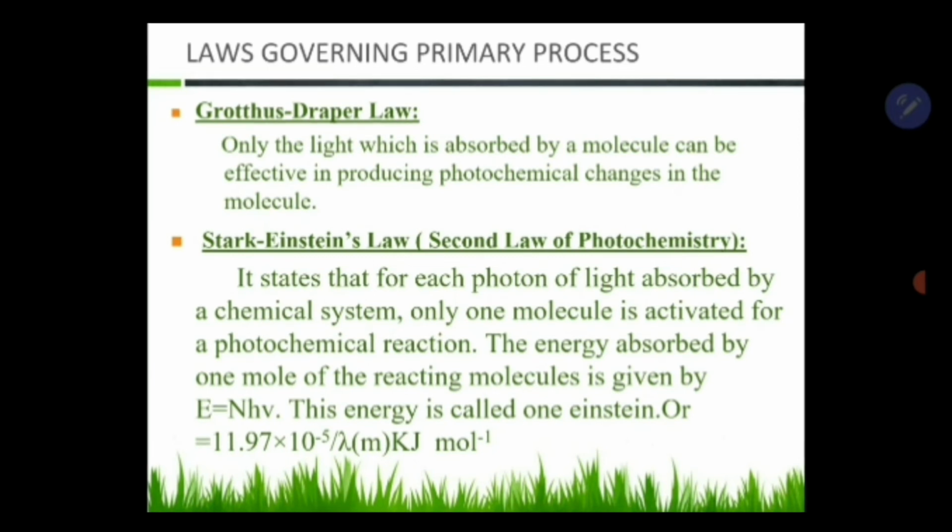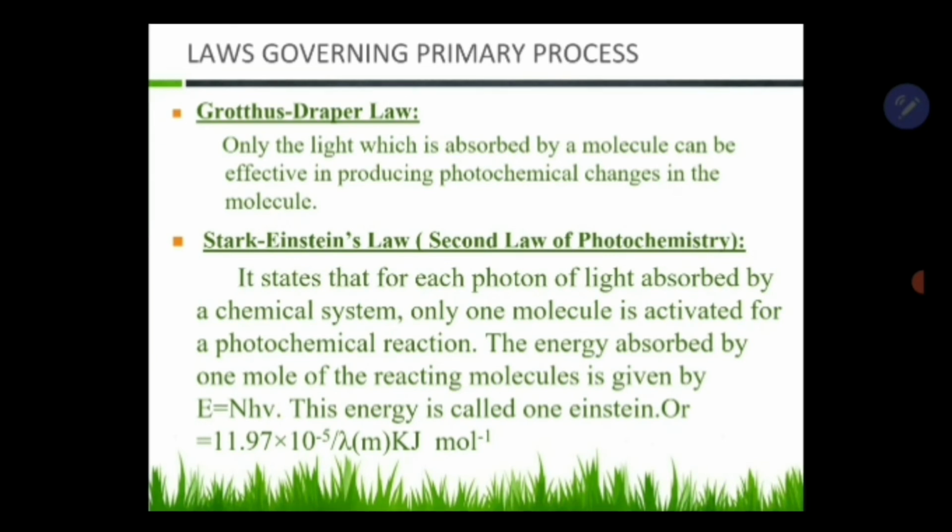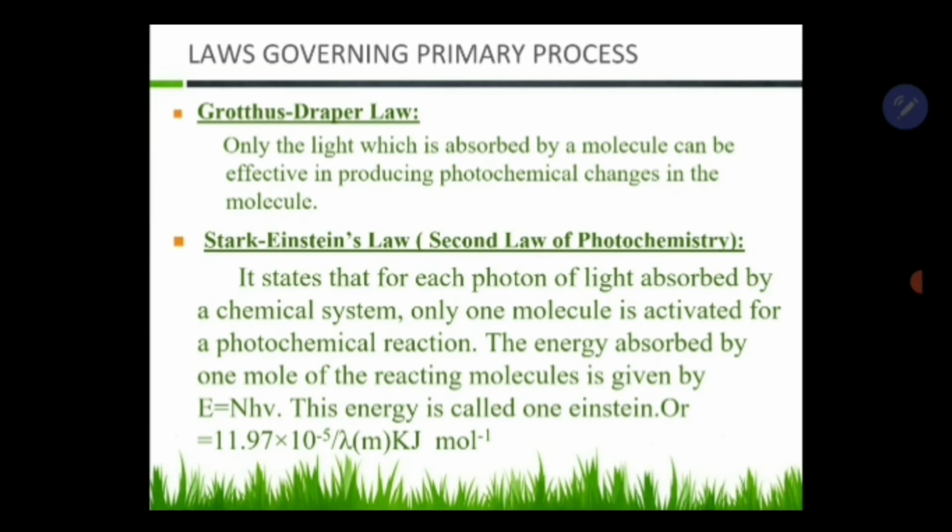So for 1 mole it is delta E = N h nu. So Einstein's equivalency principle, or the photochemical rate law, means one particle of a chemical substance can absorb only one photon from the light beam. That is, delta E of that light beam is equal to h nu.